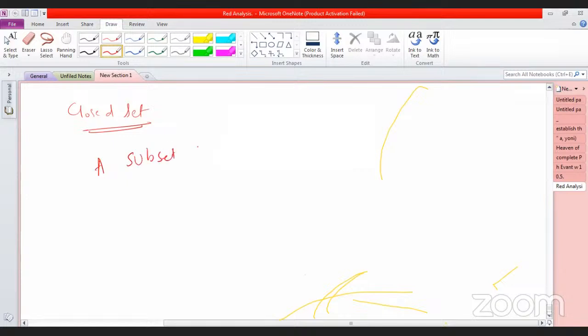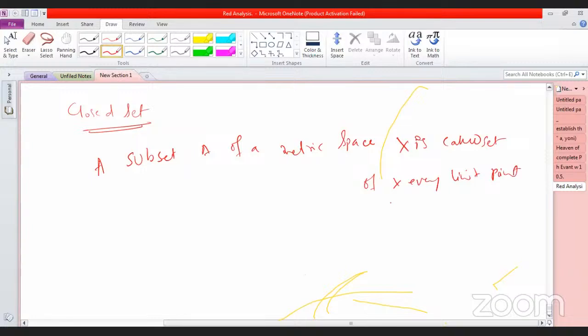A subset of a metric space X is called a closed set. A subset A of metric space X is called a closed set of X. అంటే మనం ఓపెన్ సెట్ తీసుకున్నప్పుడు ఏమన్నాం మనం అక్కడ?